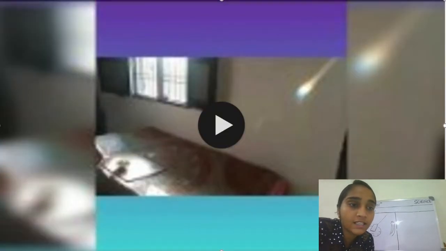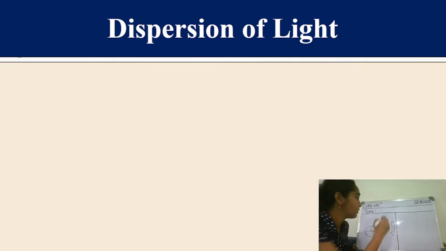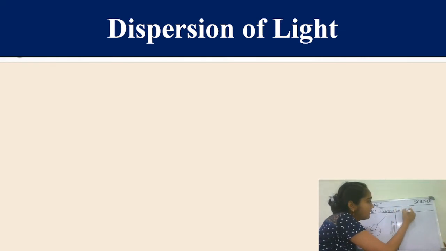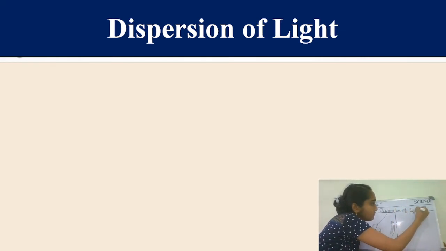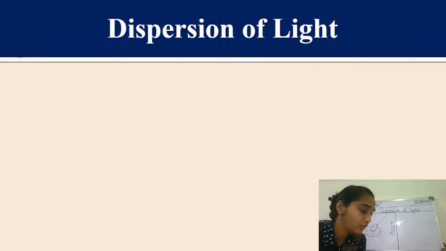So students, this is actually what is called the dispersion of light. Light is dispersing out. So students, dispersion we can say is related to splitting. So if you have to define dispersion of light in your own words, how will you define the same?